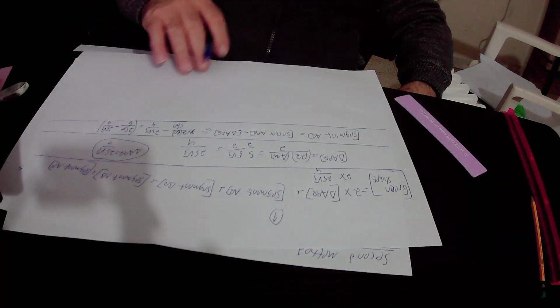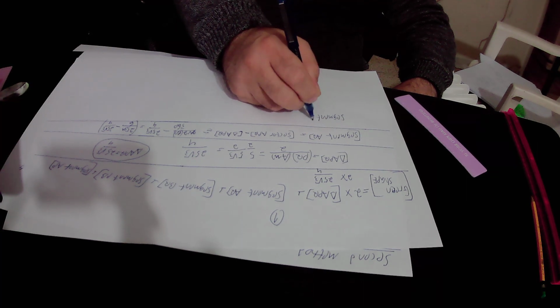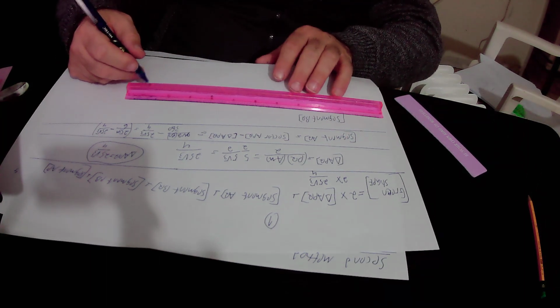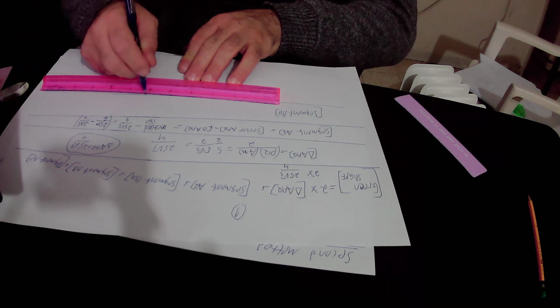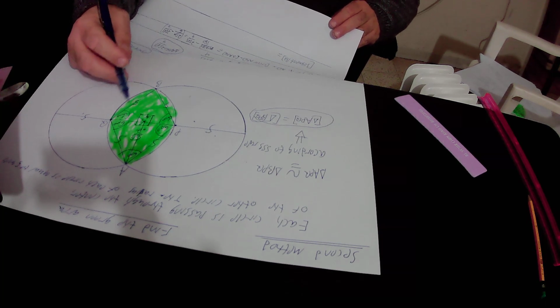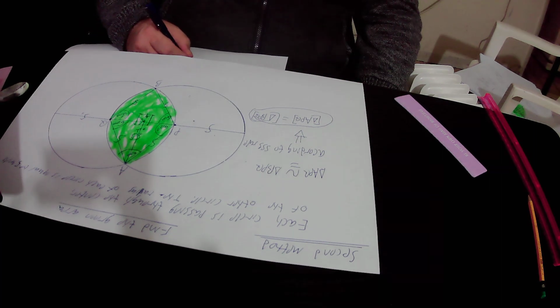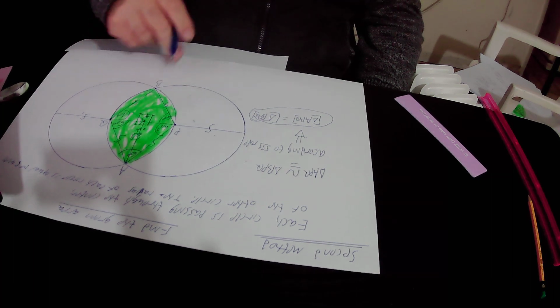And what is the area of segment BQ? The area of this segment will be equal to the area of sector PQB minus the area of triangle PQB.